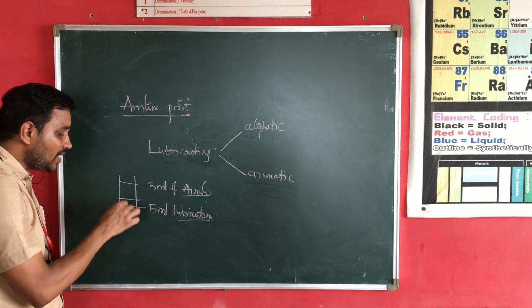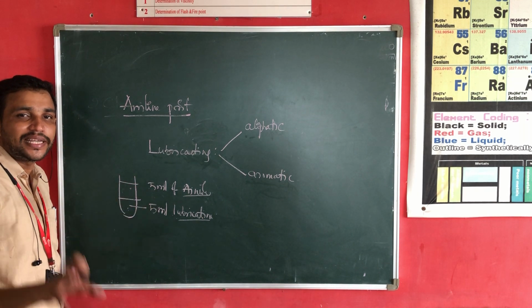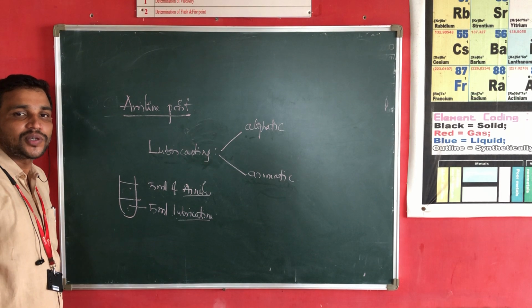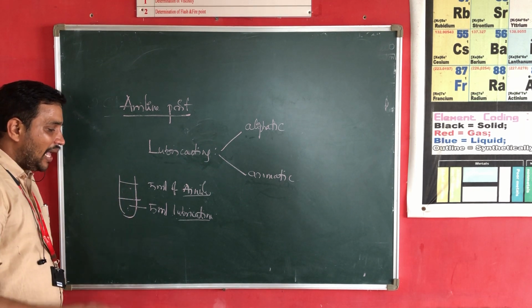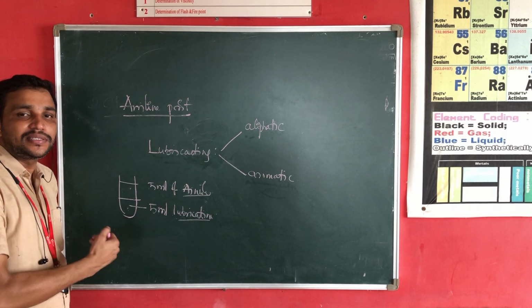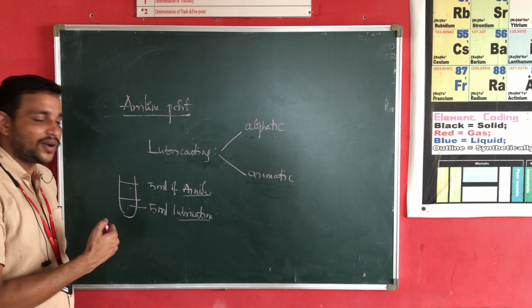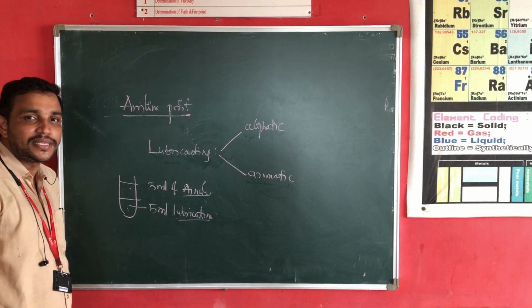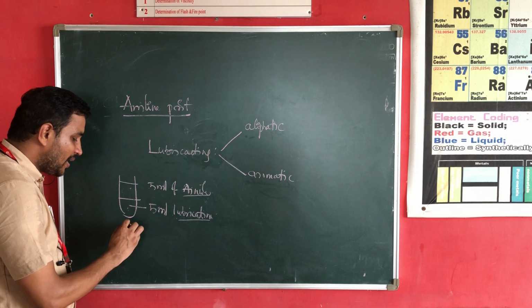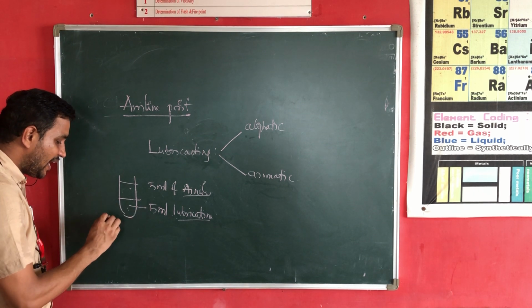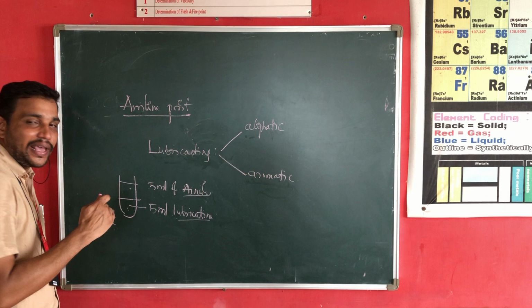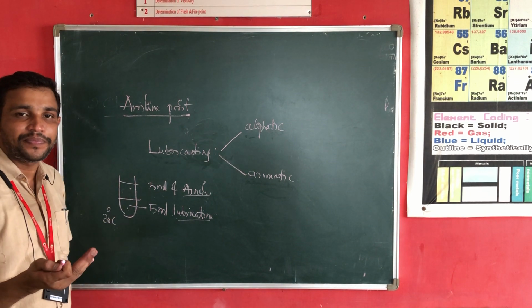Now, the two liquids are immiscible. They do not mix with each other. I want to mix the two liquids, to make them homogeneous, for which I am raising the temperature. Initially they are at 30 degrees Celsius. Now I raise the temperature to 35.